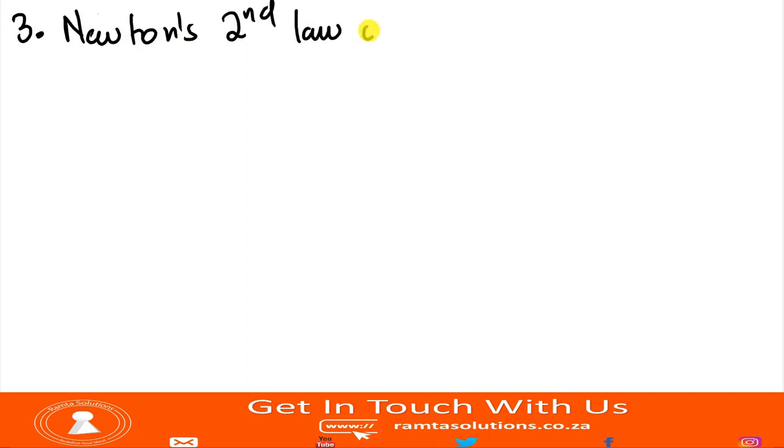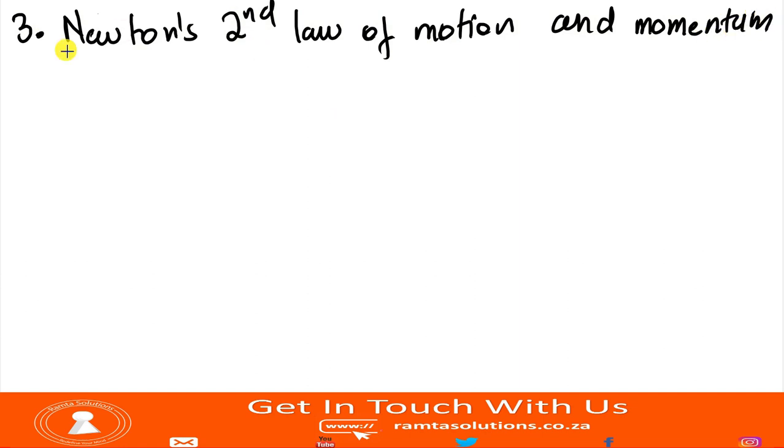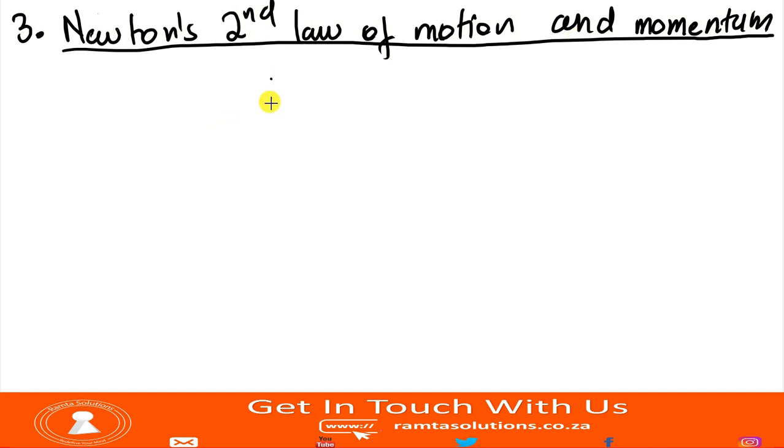By now you guys know what momentum is, so we are okay with that. We're not going to dwell much on it. Let me remind you, previously we said Newton's second law was saying F net equals ma.